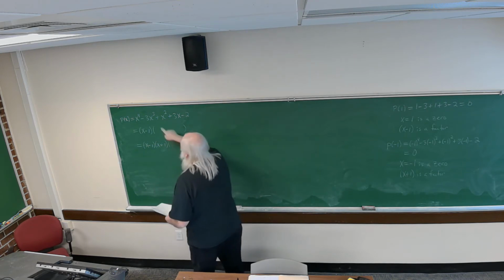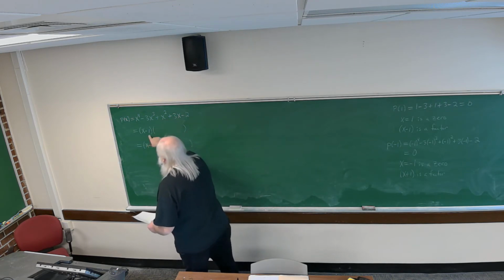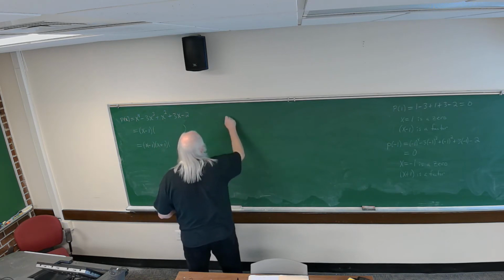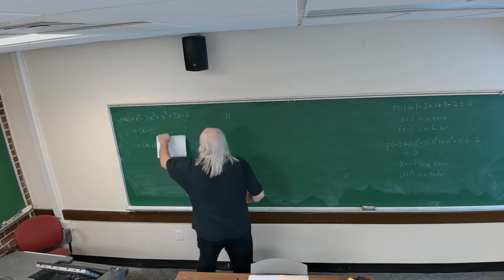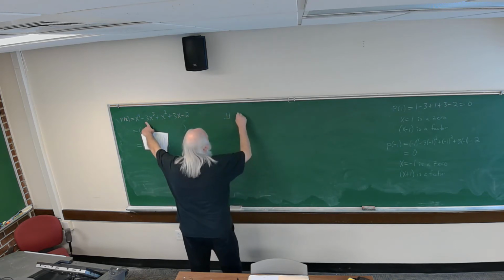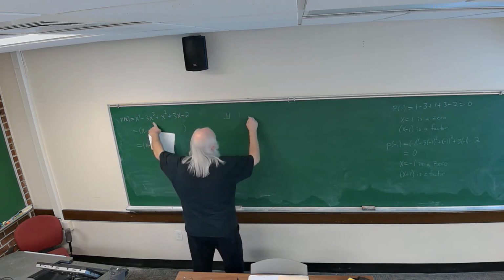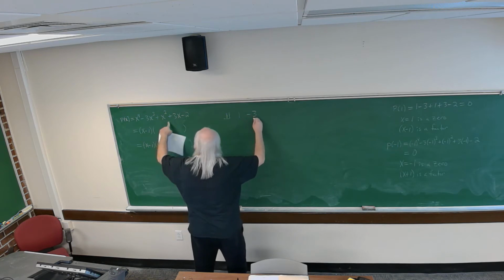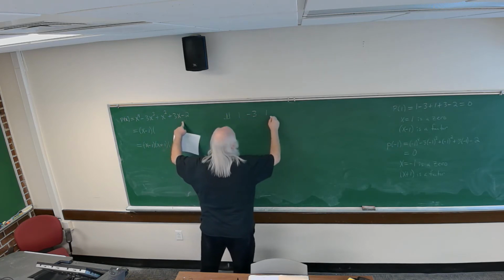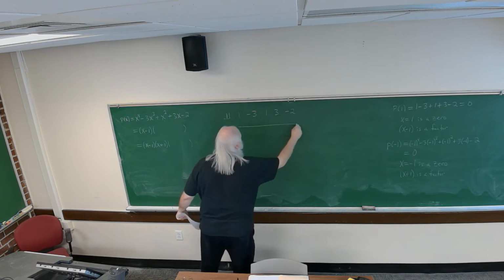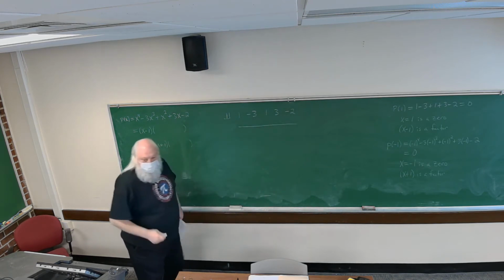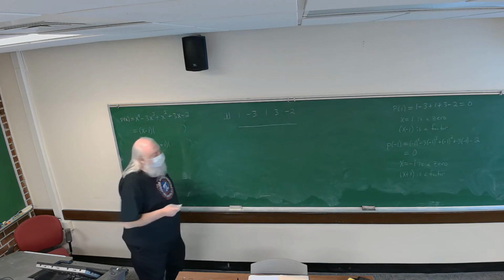So let's divide our 4th degree polynomial by x minus 1. So 1 goes in the box, and then we write out the coefficients of p of x in descending powers of x. So we got 1, minus 3, 1, 3, minus 2. And now you know the procedure, right?